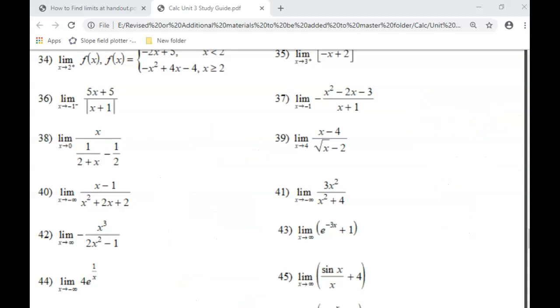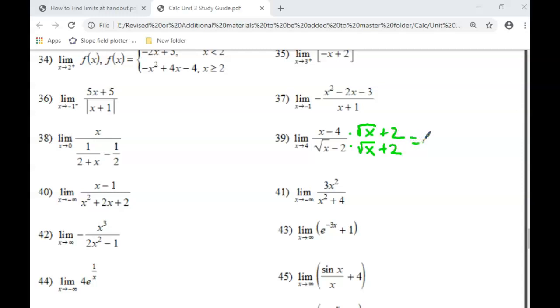let's move along. Next one, direct substitution won't work because if I plug in 4, I get square root of 4 is 2, and 2 minus 2 is 0. It's undefined. But this is the one with the square root. And when you have a square root, the way we talked about dealing with that is by rationalizing. You multiply the top and the bottom by the same expression, but with a plus instead of a minus.